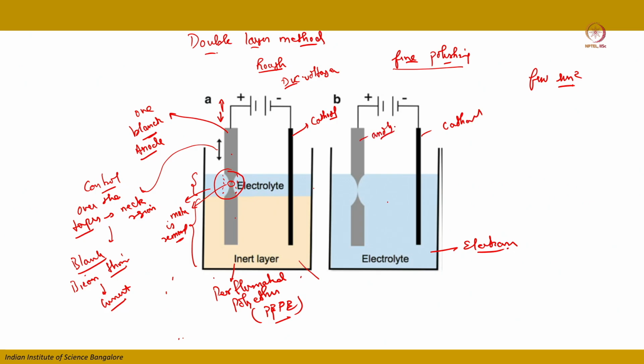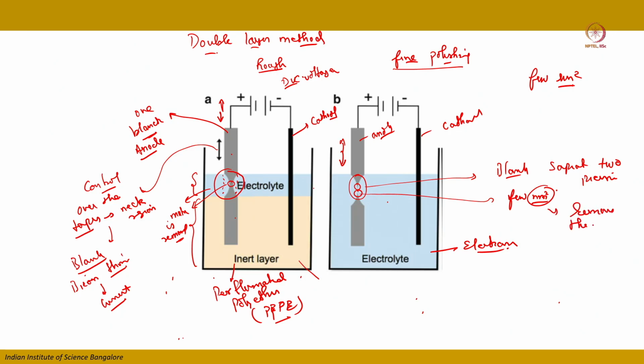This polishing is again repeated by up and down motion of the specimen, and it is done until the blank separates into two pieces, and the cross section where the necking has formed is in the few nanometer range, nanometer square area. This is called final polishing, and it also removes the damage and protrusions on the surface.